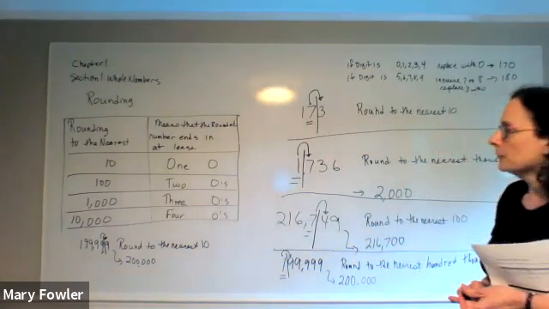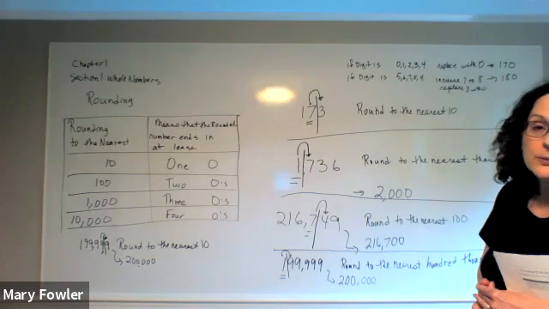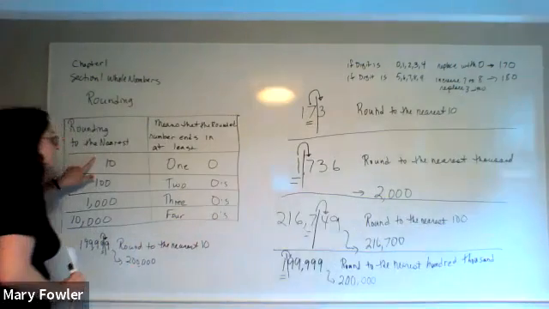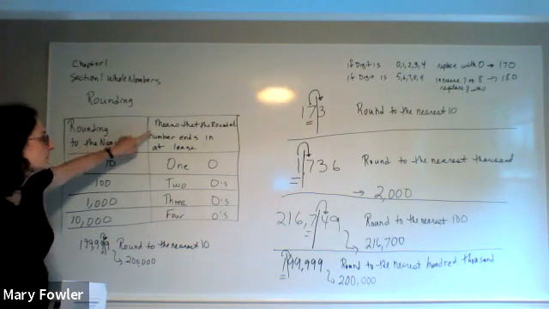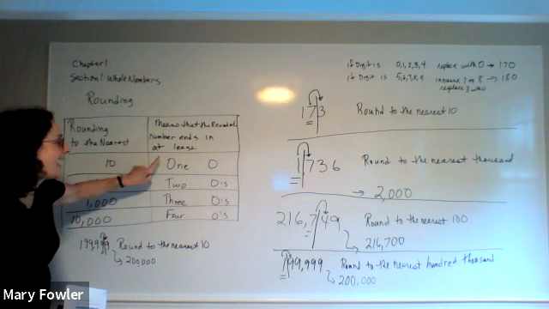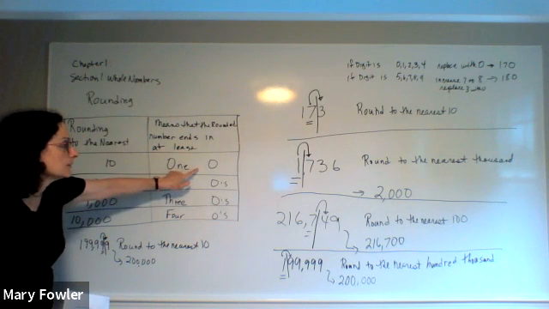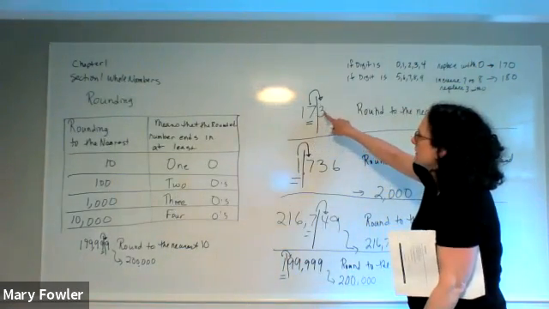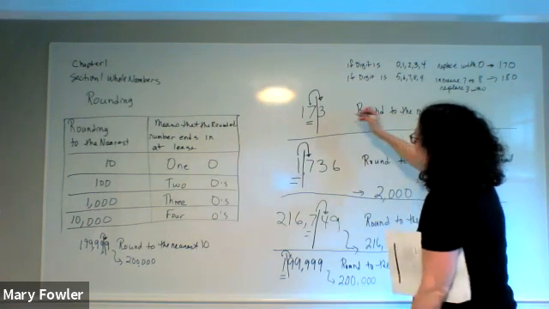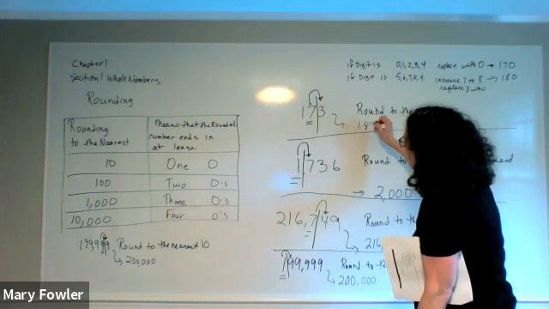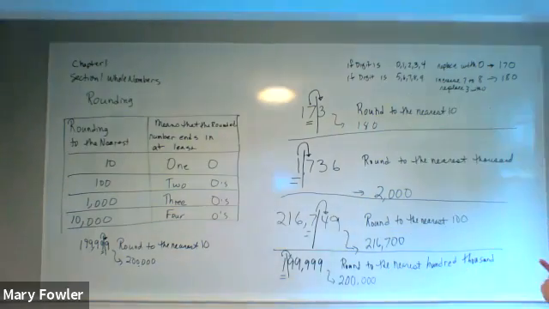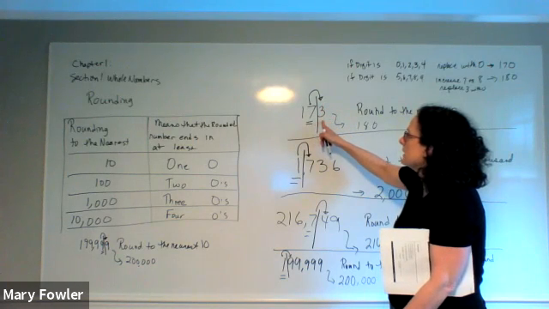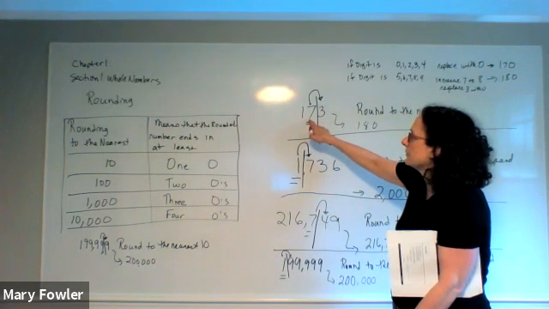Now, I just want to go through this table that your textbook author offers us, and it says when rounding to the nearest 10, this means the rounded number has to end in at least one zero. So when we came over here and we rounded 173 to the nearest 10, that number rounded to 180. Okay, so we looked over the rounding bar, we saw a 3, so this digit did not increase.